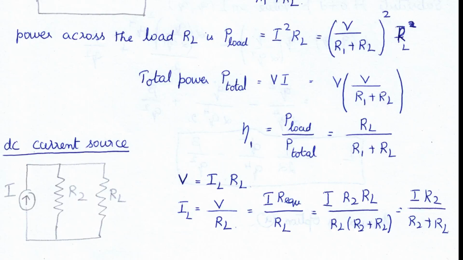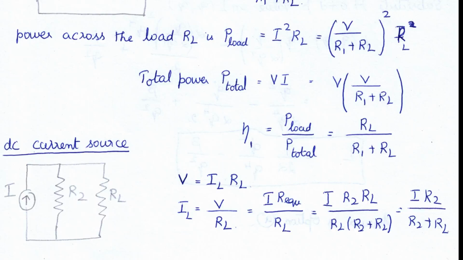It is a parallel connection of resistances, so we get the equivalent resistance R2 RL divided by R2 plus RL. Therefore IL becomes I into R2 RL divided by RL into R2 plus RL. By cancelling RL, IL is equal to I into R2 divided by R2 plus RL.